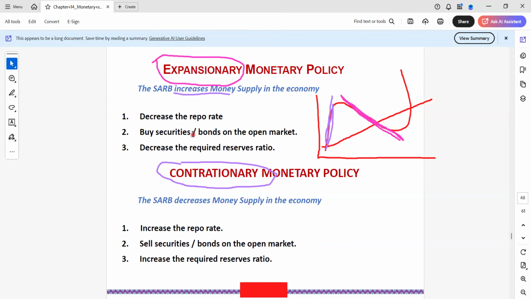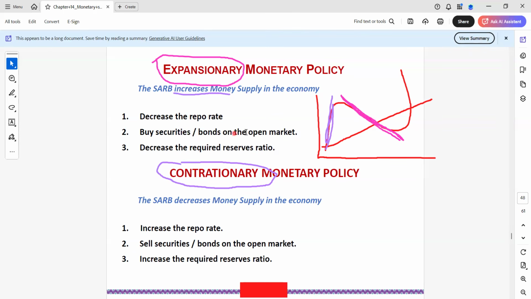They buy back those certificates that they gave to commercial banks. The commercial bank gives the Reserve Bank a certificate, and the Reserve Bank gives them money. That increases the amount of money that banks have.